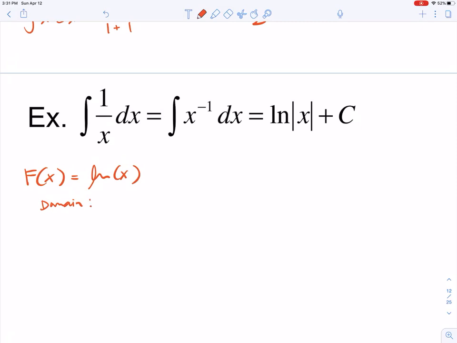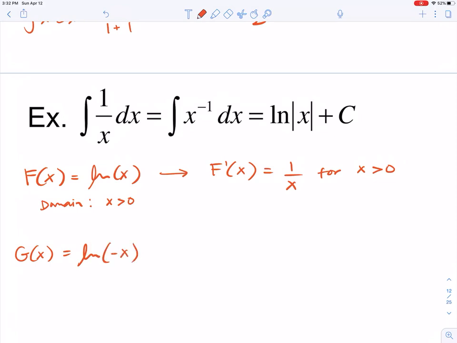The domain of ln of x is x strictly greater than 0, which means that when we take the derivative, we get 1/x, and that's for x strictly greater than 0, so for the same domain.